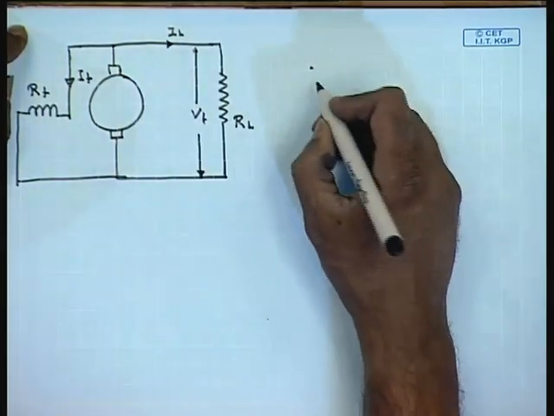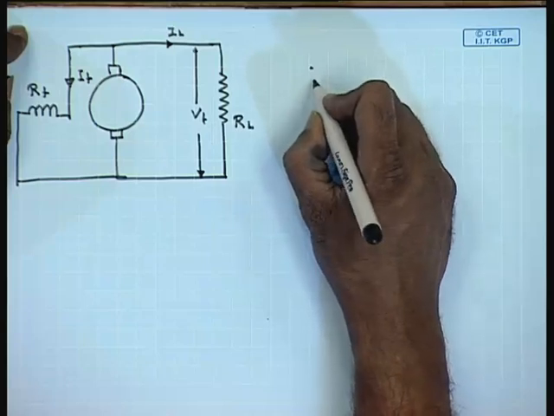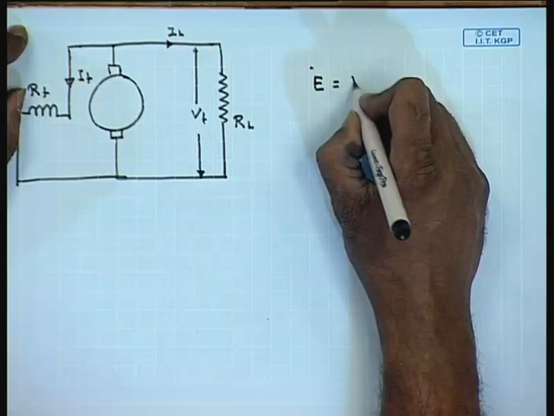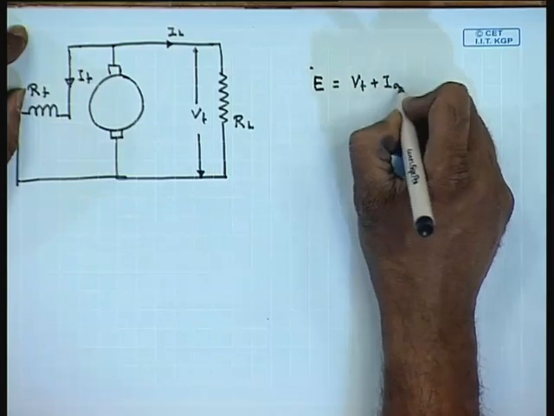For a shunt generator, we know E equal to Vt plus Ia Ra.